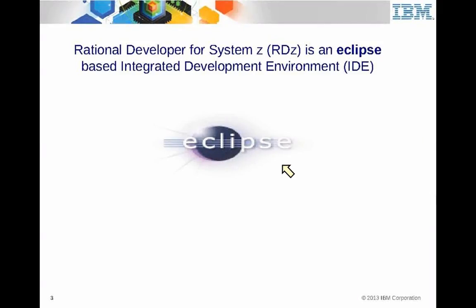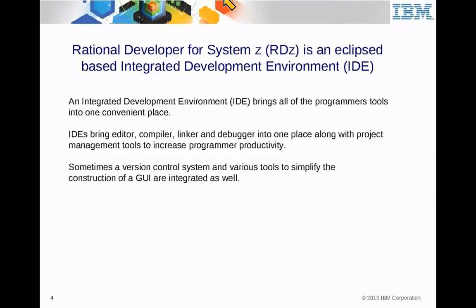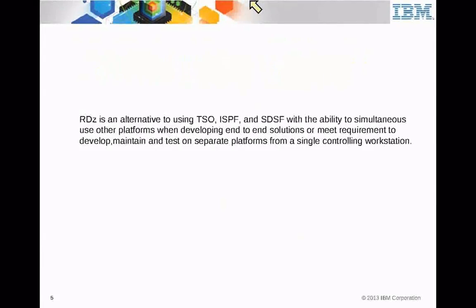This is kind of Eclipse-based. So RDZ, the IDE, brings together all the programming tools into one convenient place. And of course, it's a graphical user interface. As I mentioned, and I won't spend a lot of time here, it's an alternative to TSO, ISPF, and SDSF. And I'm going to be demonstrating that.